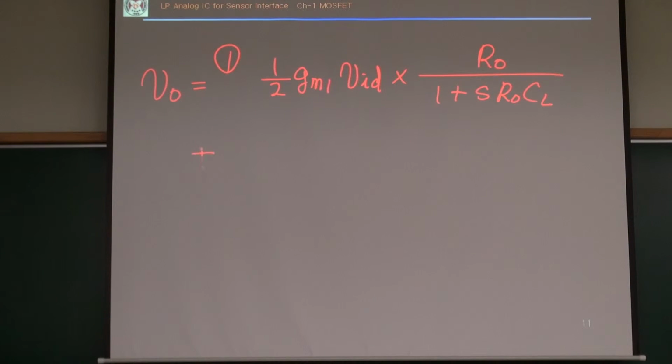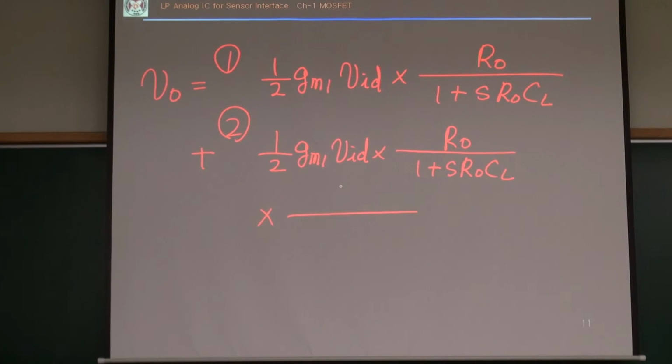And then plus the number 2 path, which is, there is one more pole here, actually the same thing there, and then there is one more thing involved here, which is 1 over GM3, 1 plus S 1 over GM3 times C3.